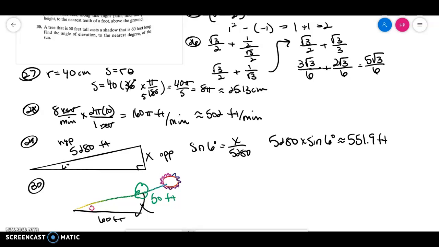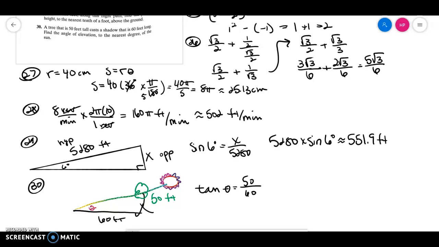So I'm looking at this angle in the bottom corner. So my hypotenuse isn't labeled, I don't care about it. My 50 is my opposite. So the tangent of my angle is equal to my opposite side, my height of 50, divided by my adjacent side, which is the base of the triangle at 60.